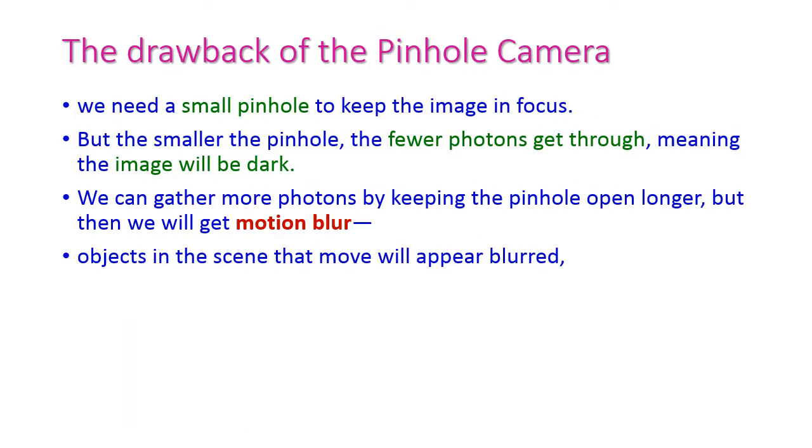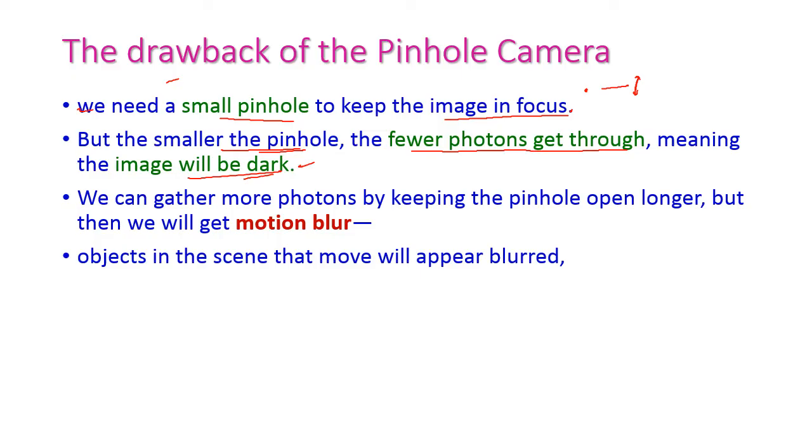The drawbacks of the pinhole camera. Here we need a very small pinhole to keep the image in focus, so by using the small hole only we have to capture the image of the surroundings or environment. But with a smaller pinhole, very few photons get through, hence the image will be dark.